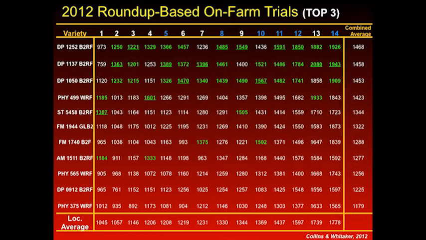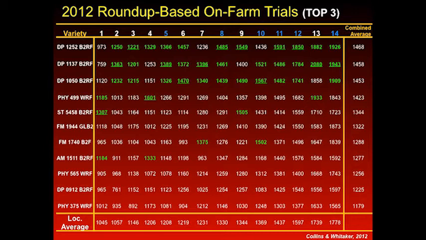So right away you can see that there's a lot of variability in just dryland trials in Georgia. It's mainly due to rainfall patterns and what have you. All right, now these trials are ranked according to their combined average of all the varieties at that particular location. So one thing you see very quickly too is the lowest yield environment we were able to capture this year is still over 2 bales.